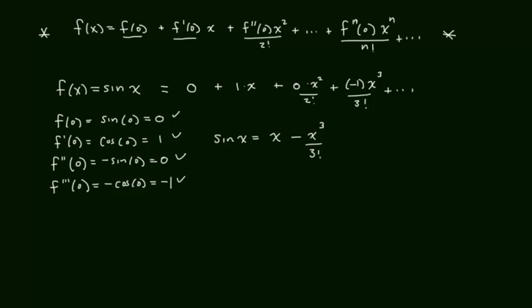Now, can you tell me, or think in your head, what the next term in this series is going to be, the next non-zero term in this series? If you said plus x to the 5th over 5 factorial, then you're seeing the pattern, because again, this would be the 4th, this would be the 5th, and then the next one would be minus x to the 7th over 7 factorial, plus dot dot dot. Now think about this.